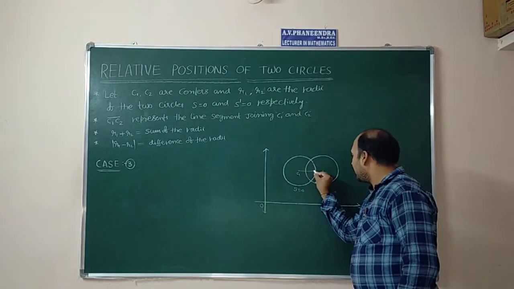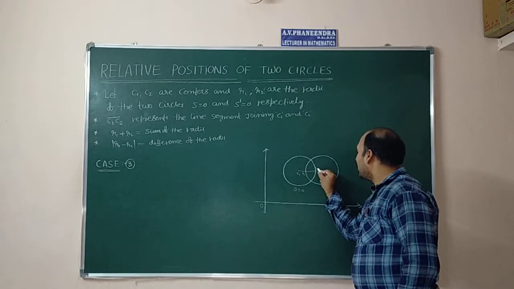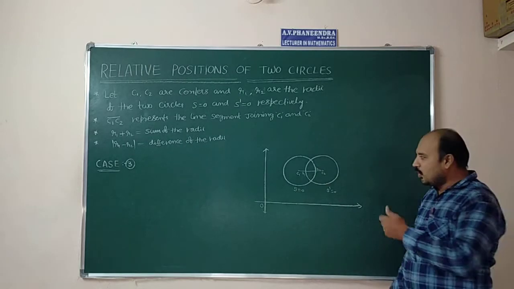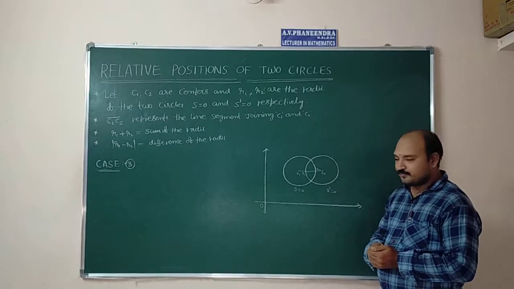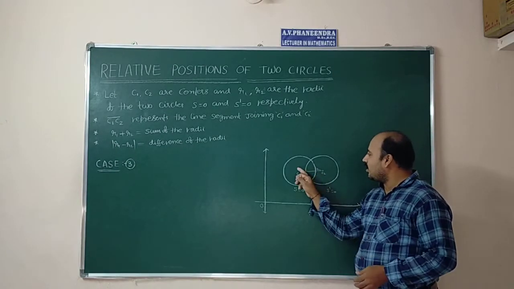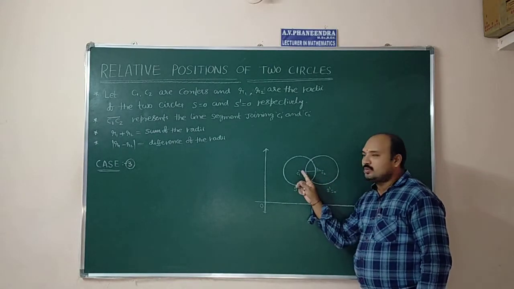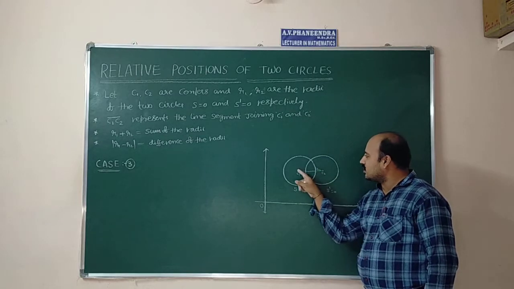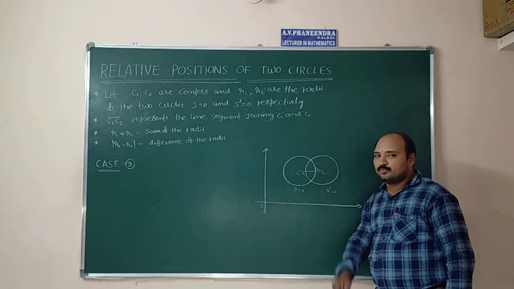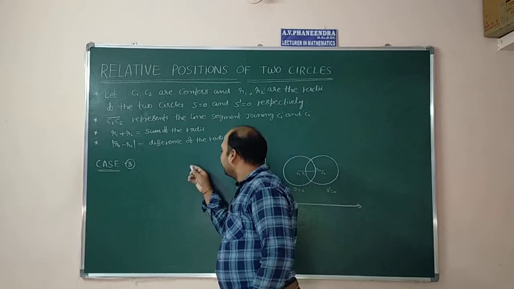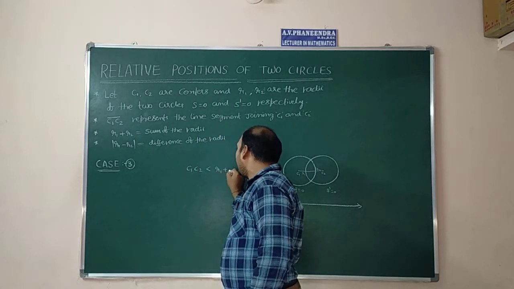From here to here the distance is R1, from here to here the distance is R2. If you observe, C1 C2, the distance between their centers, is less than R1 plus R2, the sum of the radii. From here to here it is R1, from here to here it is R2, it is more compared with C1 C2. So from this we observe that C1 C2 is less than R1 plus R2.